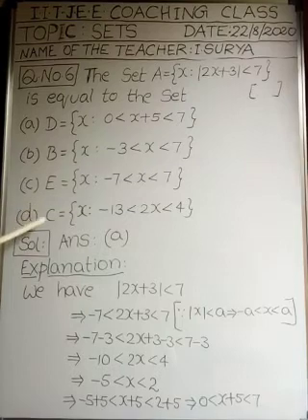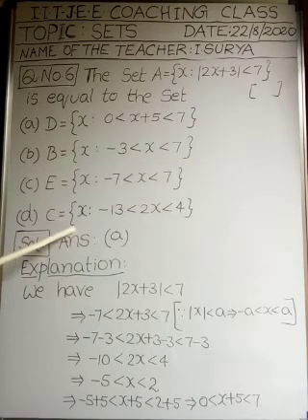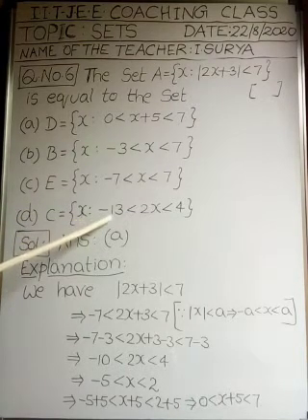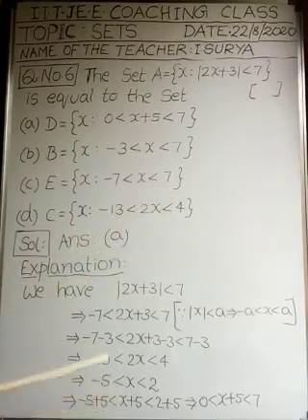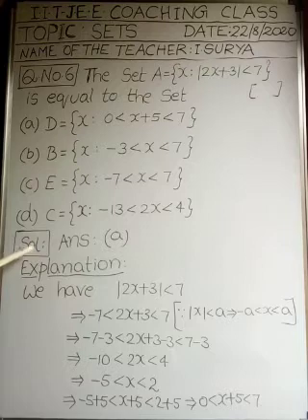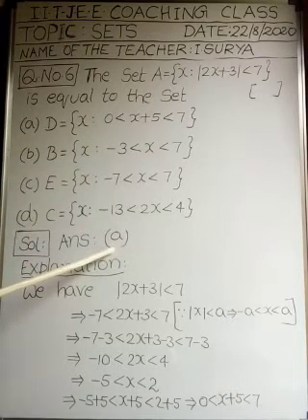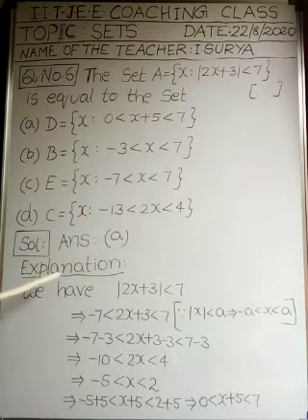Now come to the fourth option, C is equal to set of all x such that minus 13 less than 2x less than 4. Now come to the solution part. Out of these four options, first option is correct option. Now let us see the explanation part.